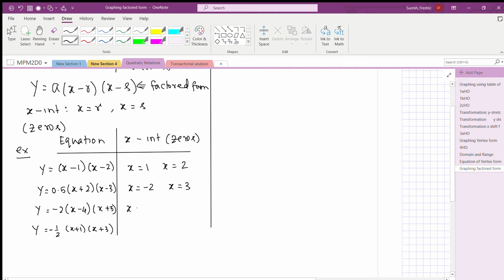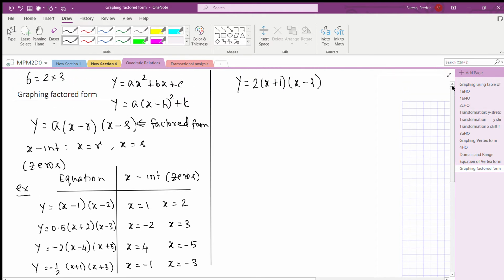The third equation, the example would be a 4 and the negative 5. And the last example is x equals negative 1 and x equals negative 3. Now, you may want to pause at this point, rewatch the video, and make some good notes before proceeding further.